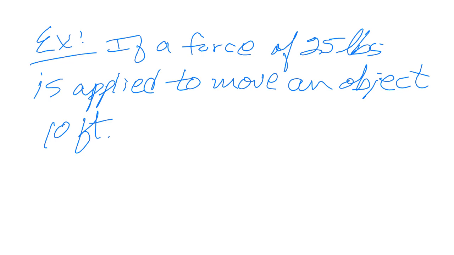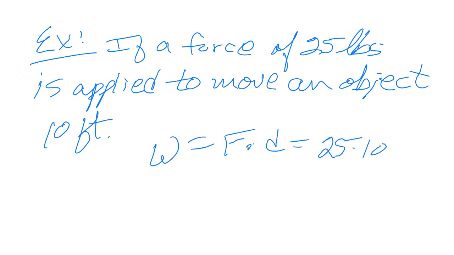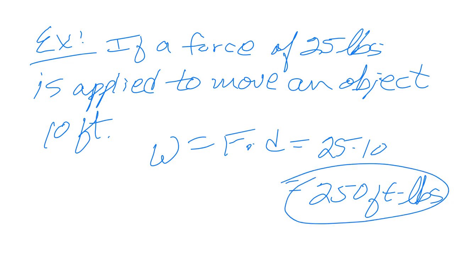Then the work, once again, is force times distance. So in this case, the force is 25 pounds times 10 feet, which is 250. Of course, what's the label? Foot-pounds.